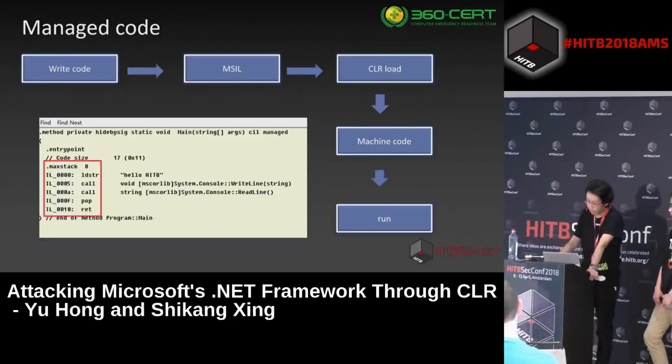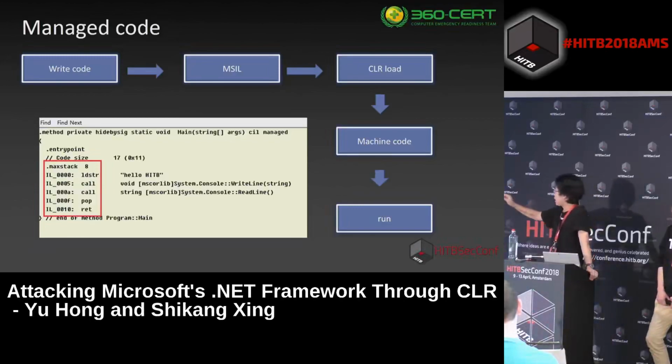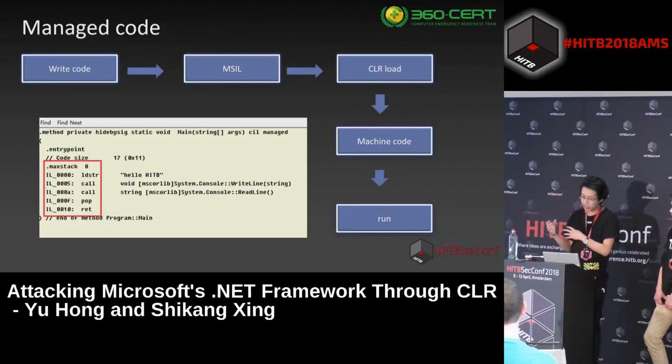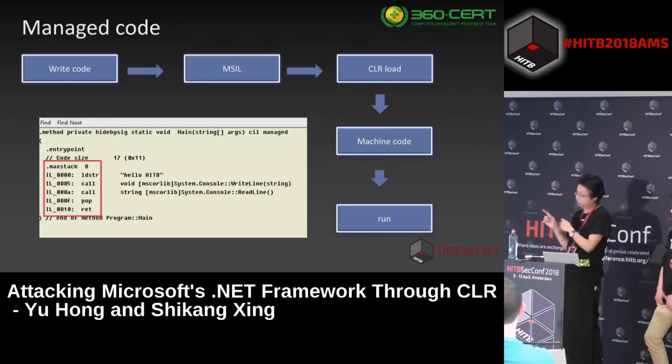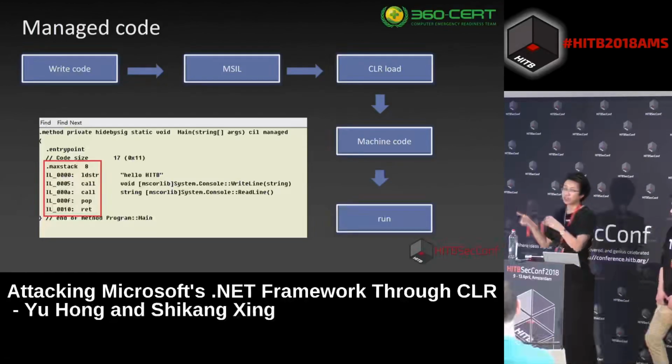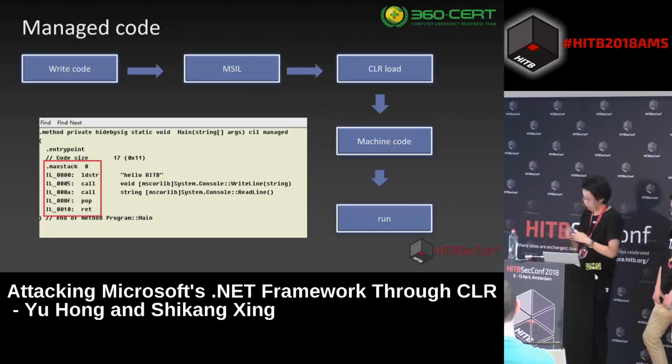And you can see the example in the image. This is the example MSIL code of the C# hello HITB. And we can see the reverse result. This is the reverse result for the IL code.